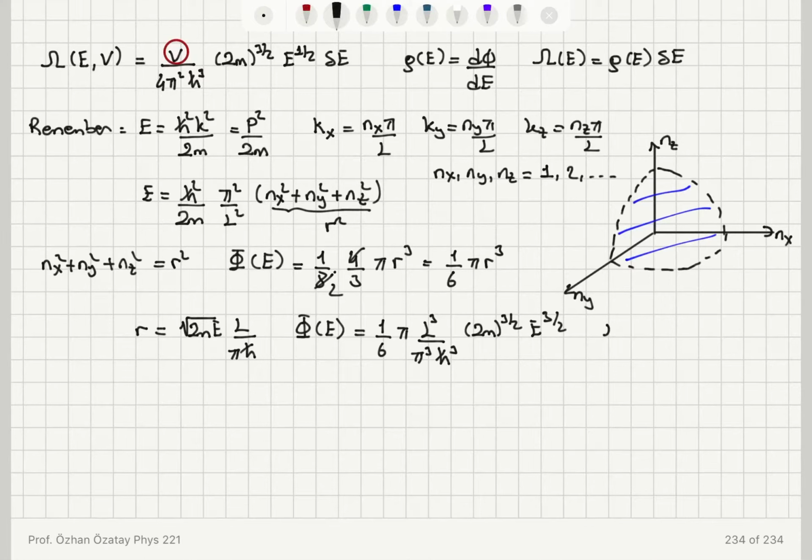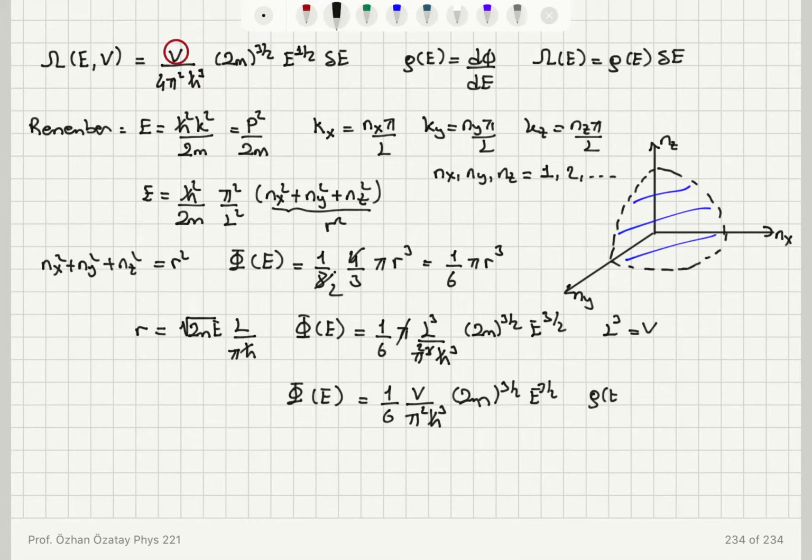So L cubed is the volume of the box V. So this pi gets rid of this cube, makes it a square. So for the number of states below energy E, we have 1/6 V over pi squared h bar cubed, 2m to the power 3/2, E to the power 3/2.